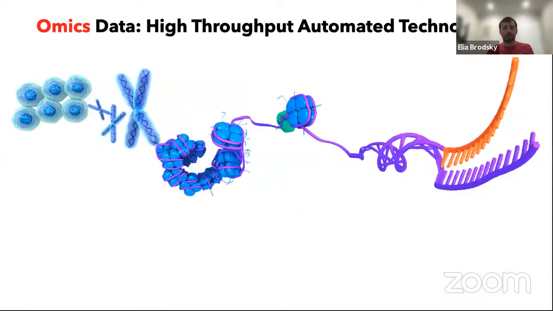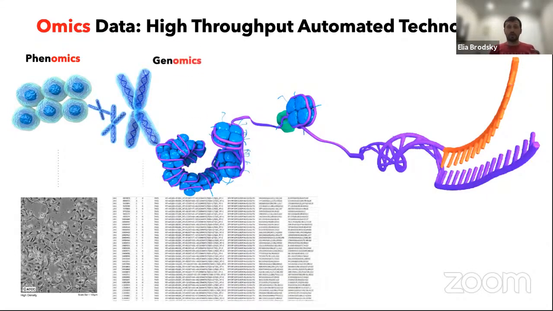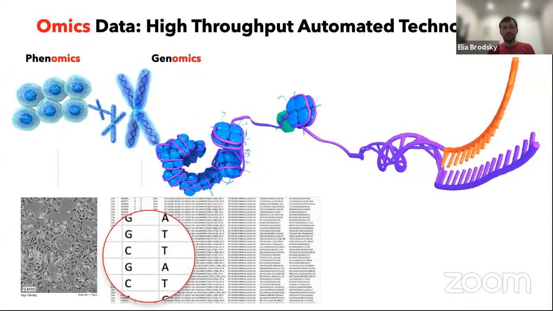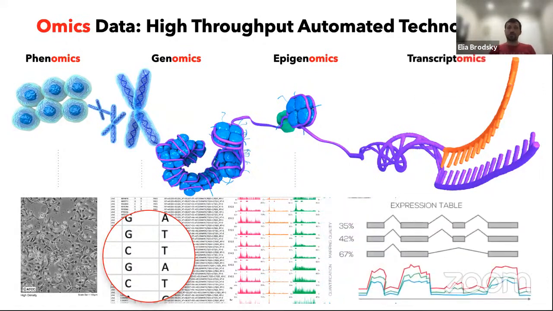So what kinds of omics data are we going to talk about? We're going to talk about phenomics, which is the characterization and the features coming from image analysis, from clinical data, from cell morphology. We're going to be talking about genomic data, or the mutations or collections of mutations found in the DNA. We will be talking about epigenomic signal, where we'll discuss ChIP-seq data, whole genome bisulfite sequencing data, transcriptomic data, including gene expression, levels of gene expression, transcript expression, and alternative splicing.